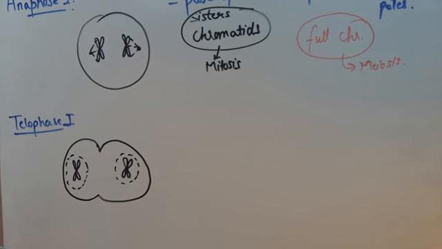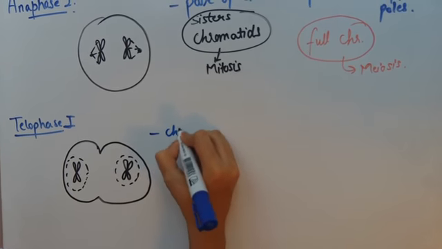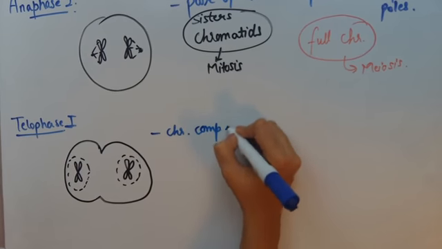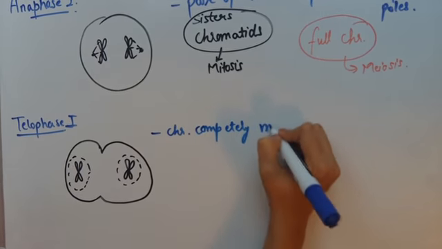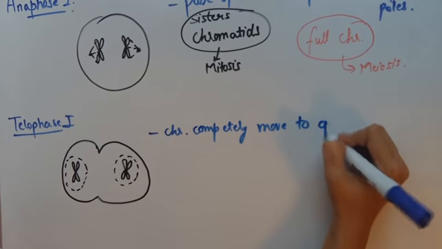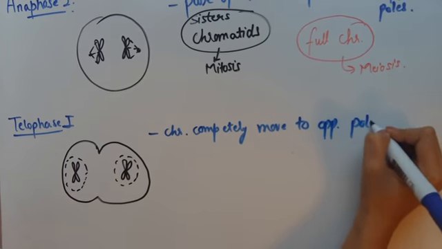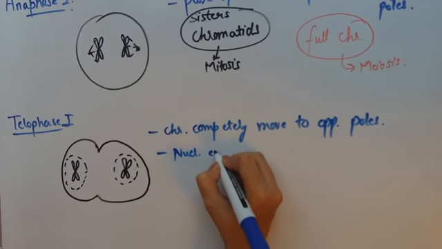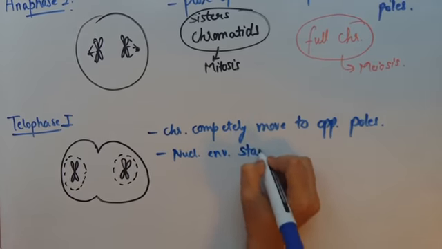So the general points here are: chromosomes completely move to opposite poles, and nuclear envelope starts to appear.